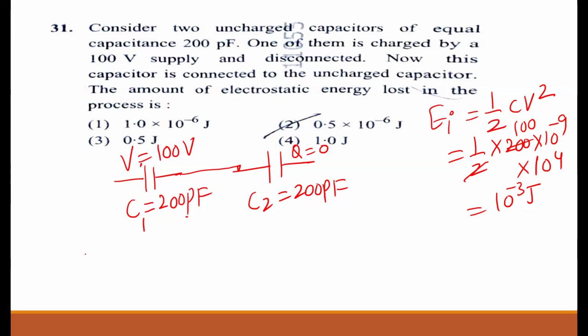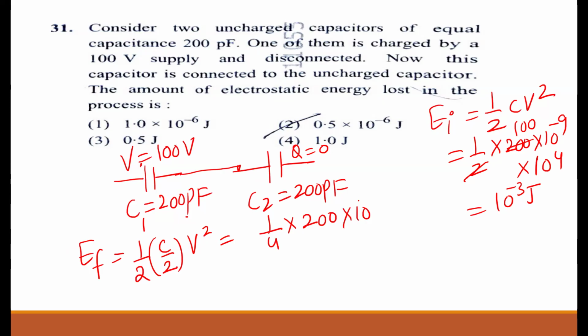So first we'll calculate the final energy here. Final energy is half into the equivalent capacitance, that is C by 2, into V square. That is 1 by 4 into 200 into 10 power minus 9 into 10 power 4.